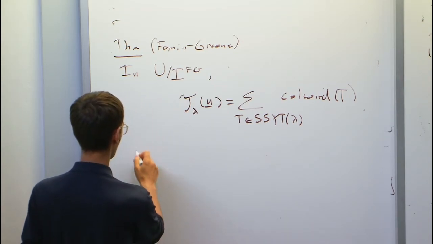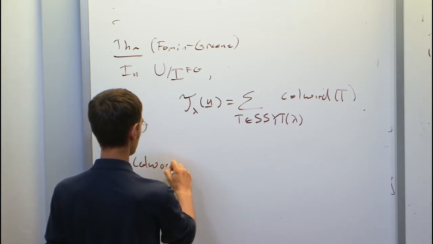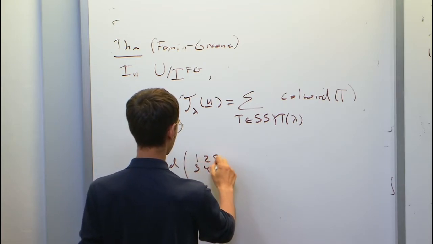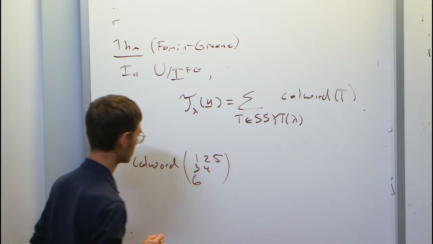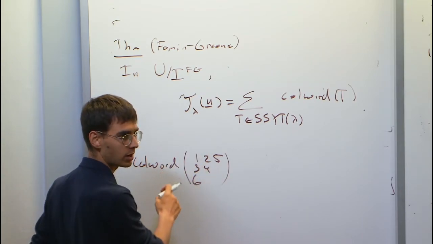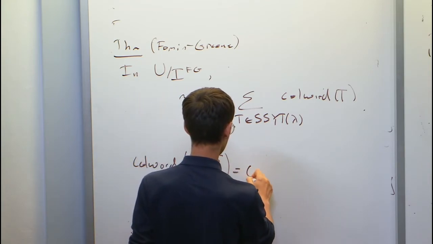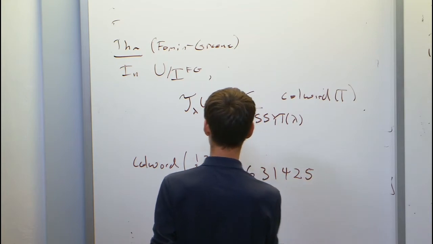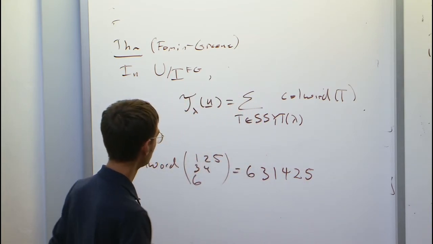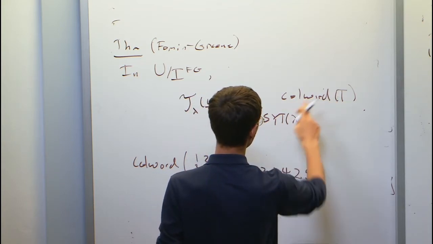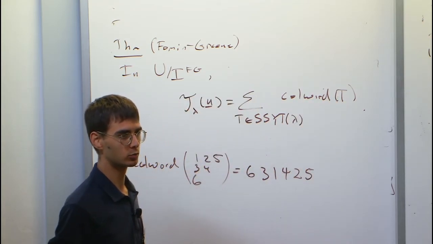Here, the column word, let me just do an example of some tableau, is what you get by reading the columns from bottom to top and then left to right. So this is 6, 3, 1, 4, 2, 5. So this is a sum over column reading words of these tableaux in these non-commuting variables.